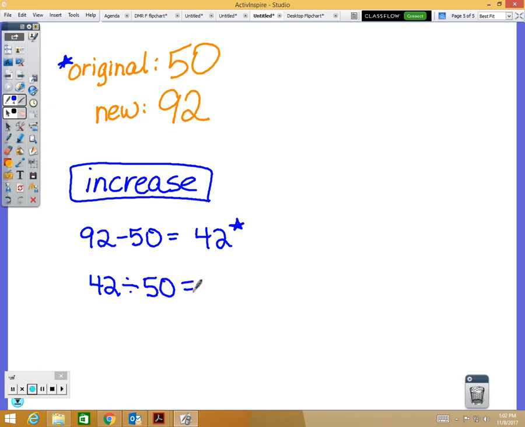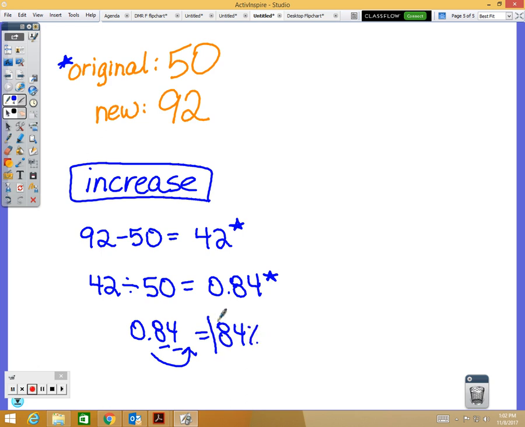And when you do 42 divided by 50, you get 0.84. So did you get 0.84? If so, you got the second step right. And then your last step is to take that decimal and convert it to a percent by moving the decimal 2 places. So it's going to be 84%. So that was an 84% increase.